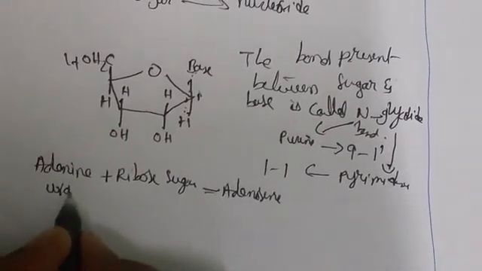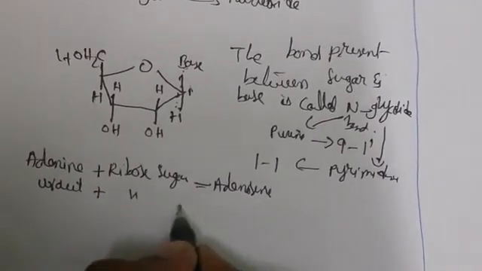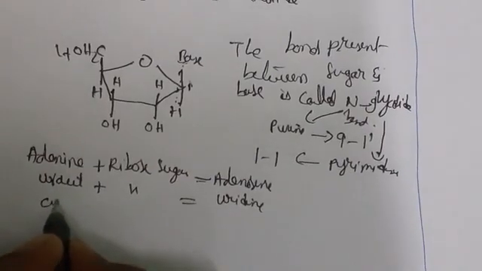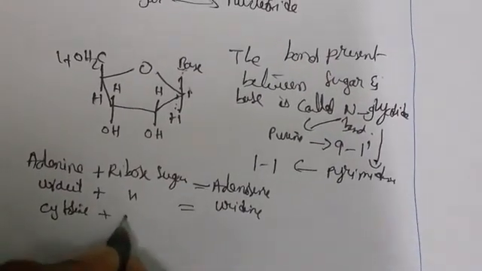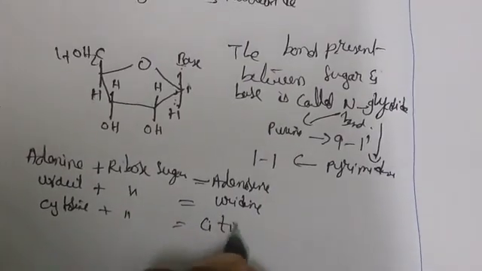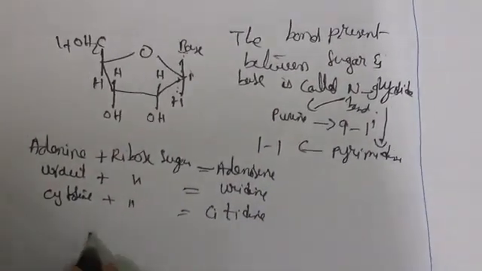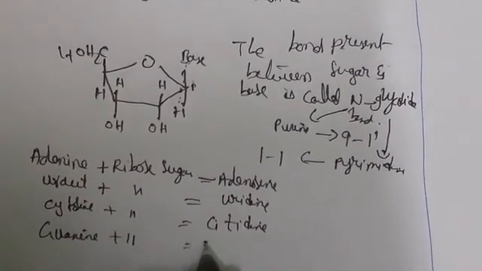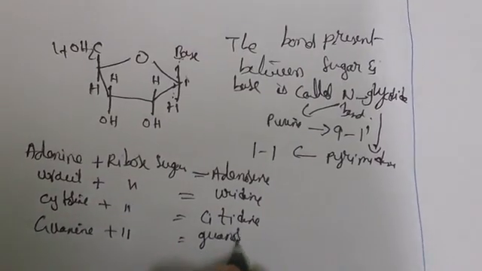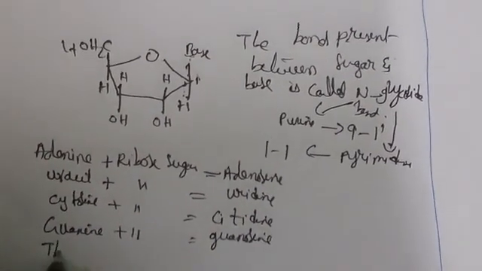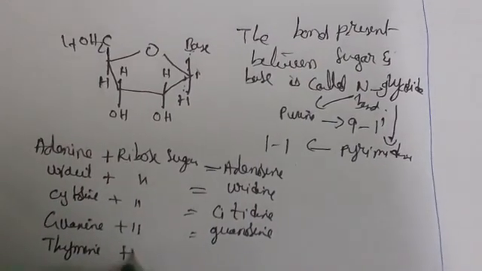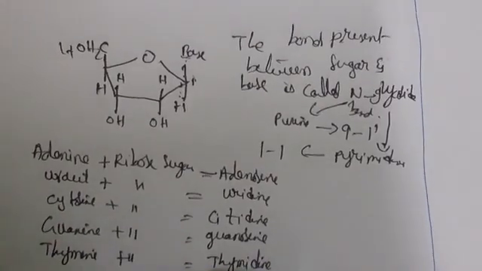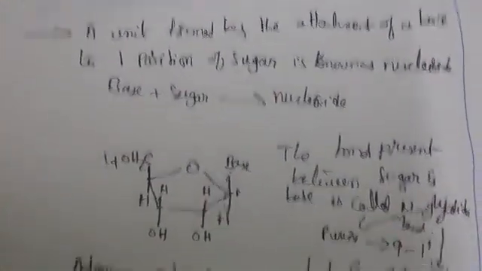Uracil plus ribose sugar gives uridine, cytosine plus ribose sugar gives cytidine, guanine plus ribose sugar gives guanosine, and thymine plus ribose sugar gives thymidine. This is nothing but nucleosides.